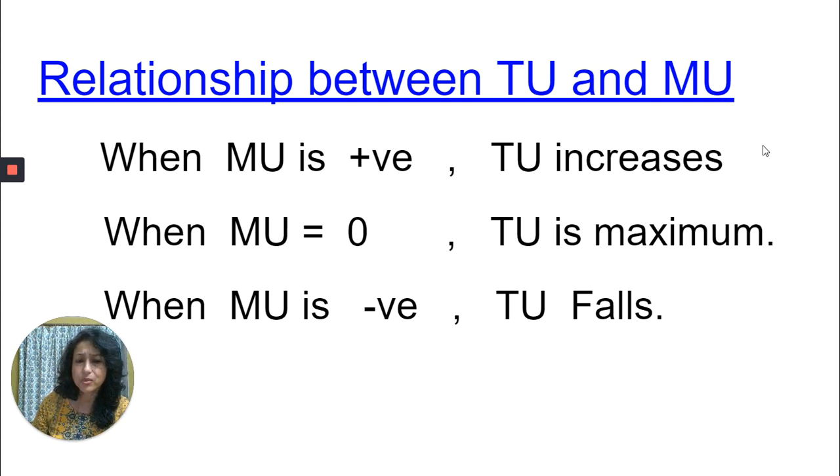And when marginal utility is negative, total utility falls. So this relationship is important. Try to understand it, fall back on the schedule I had given, and use it to understand the graphs also, which have been given to you just now in the slide.